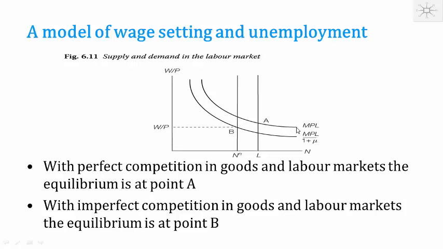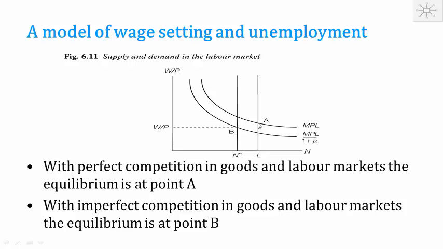For a given capital stock, the marginal product of labor decreases with employment. And if we would have perfect competition, we would be at point A, where there's full employment and the workers are paid their marginal product at full employment.